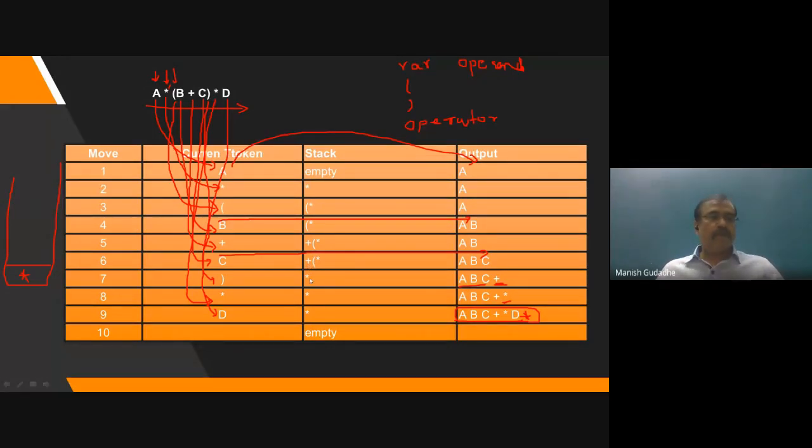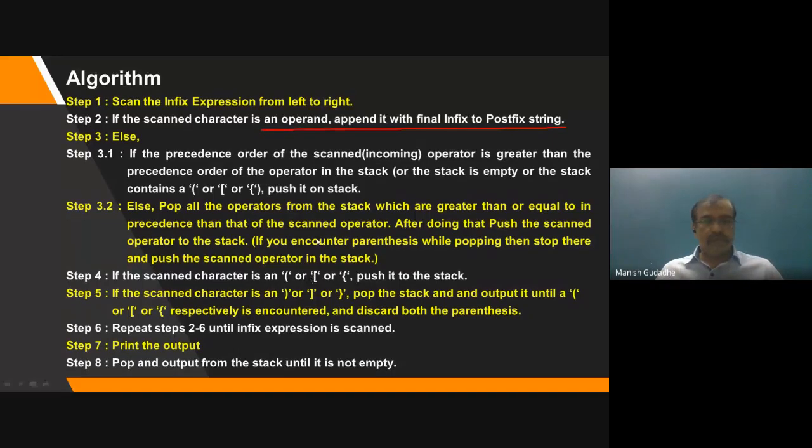or we will check whether the precedence of the operator appearing on the top of the stack is greater or smaller than the operator which is scanned just now, and depending on that, we are going to take the decision. If the top of stack operator has greater priority, it has to be popped off.